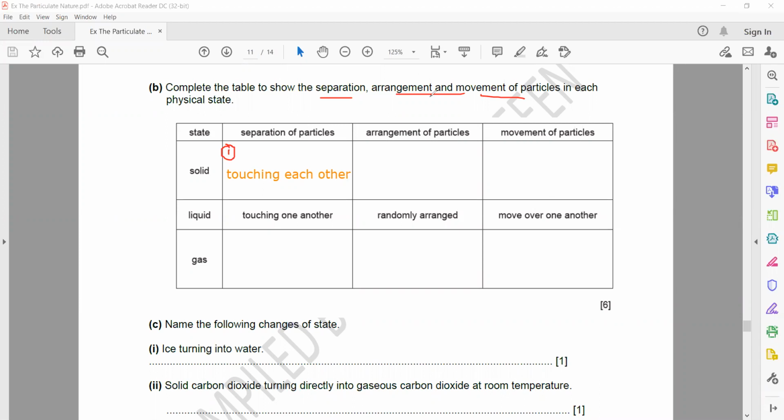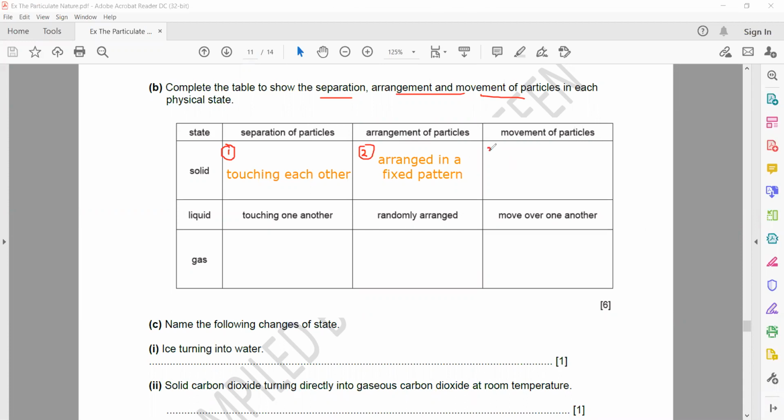What about the second one? Arrangement of the particles. So particles are arranged in a fixed pattern. That's right. Good. You can mention arranged in a fixed pattern, regular pattern, or arranged in order.